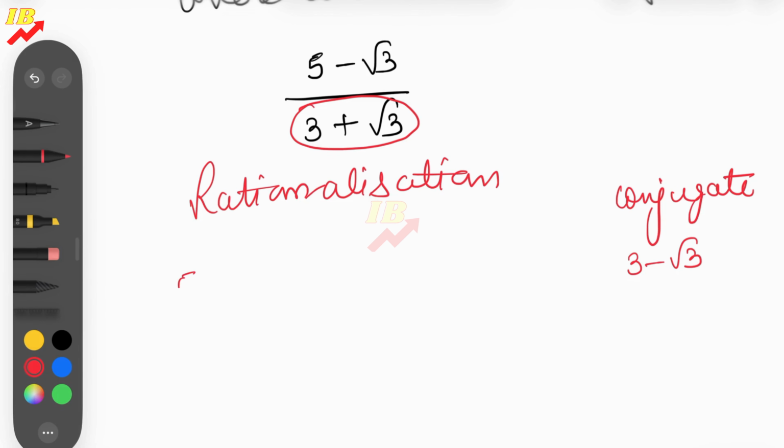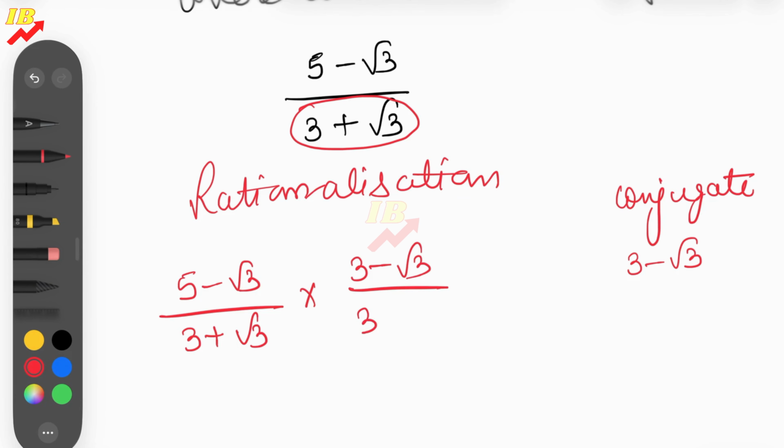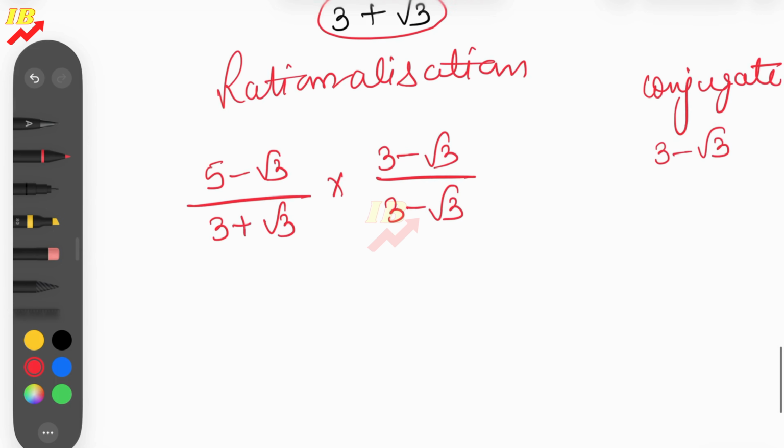So I'll be writing it like this: 3 plus root 3 times 3 minus root 3, and 3 minus root 3 again. That's called rationalization, when you take the conjugate and multiply it with your denominator and numerator. Now you multiply it.